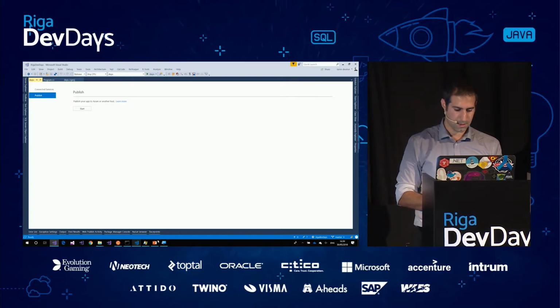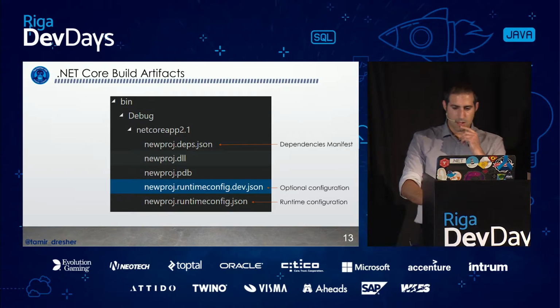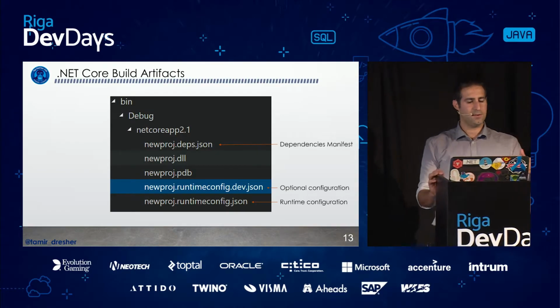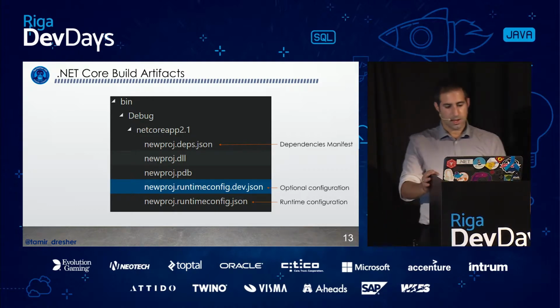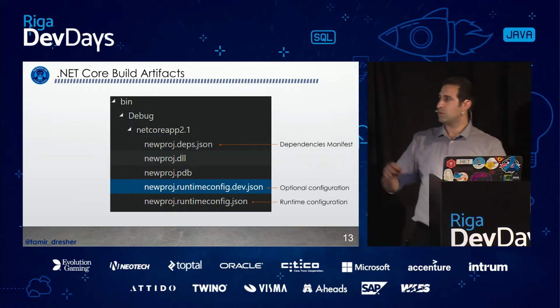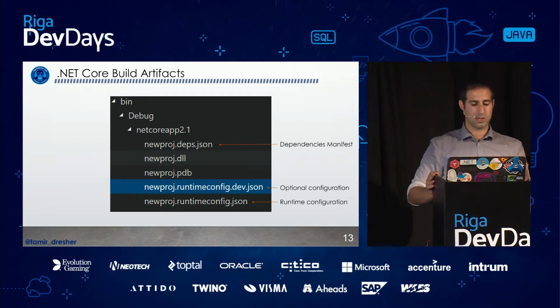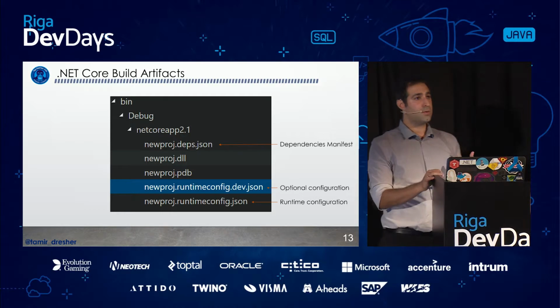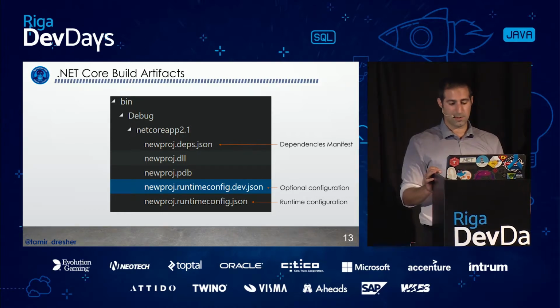Okay, so let's go back to the slides. We saw those build artifacts that we have, and we kind of understand what they contain. Besides the runtime config being there to specify what runtime I want to use, the runtime config also allows us to create and configure new configuration for my application.